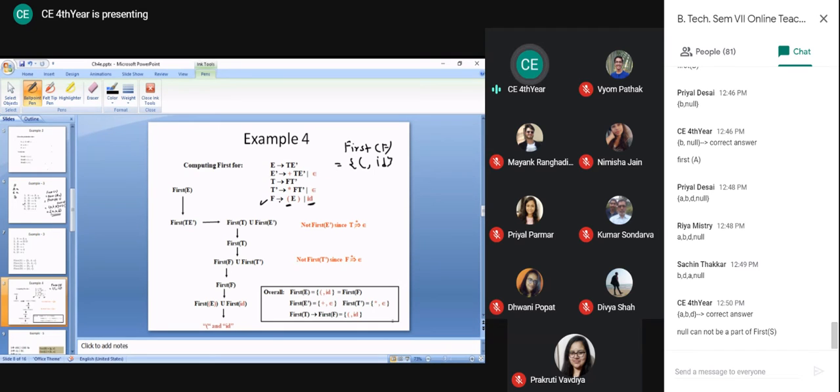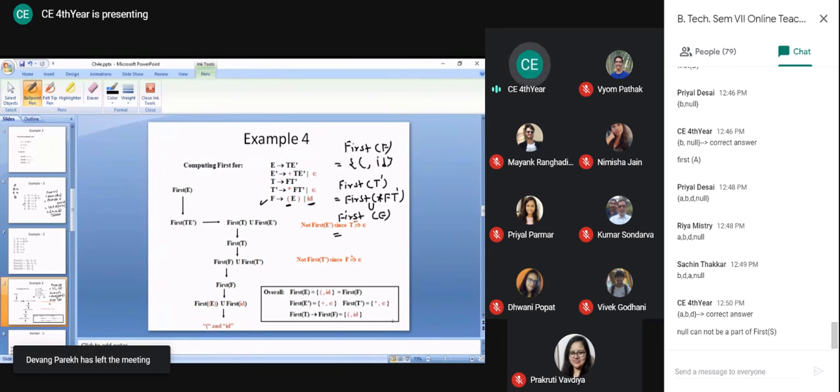Now if I consider first of T dash, then from the first production we are getting first of star F T dash, union first of null.